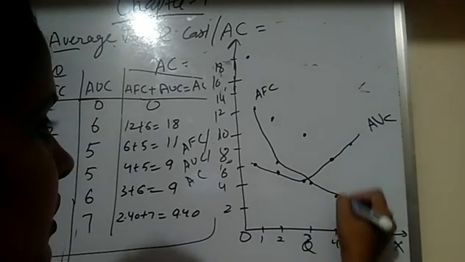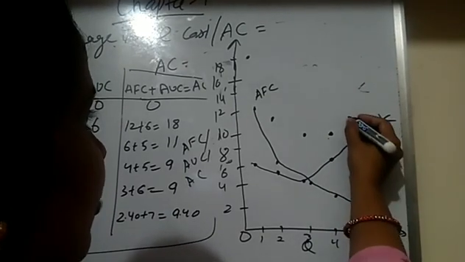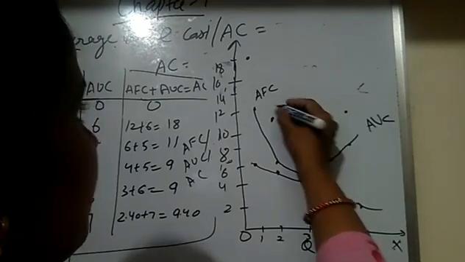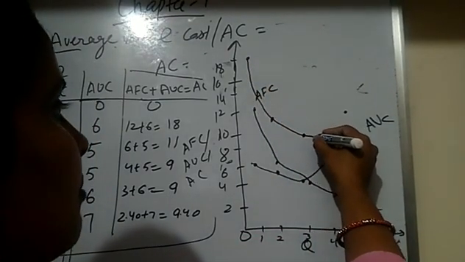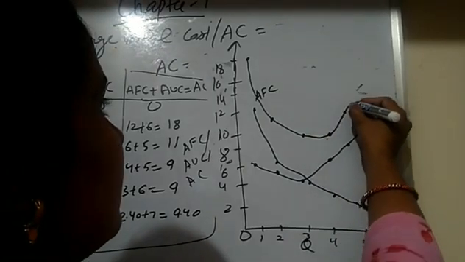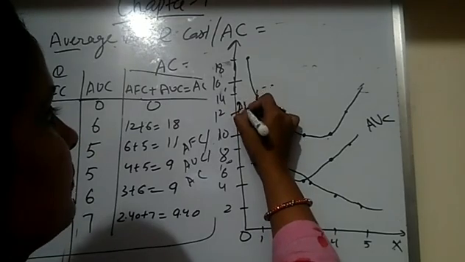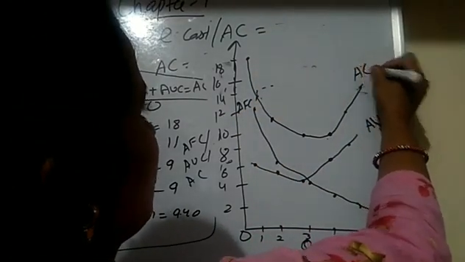At the fourth unit it is also 9. At the fifth unit it is 9.40. So see students, this curve is above the average variable cost and average fixed cost. So this is average fixed cost, and this last curve shows average cost.